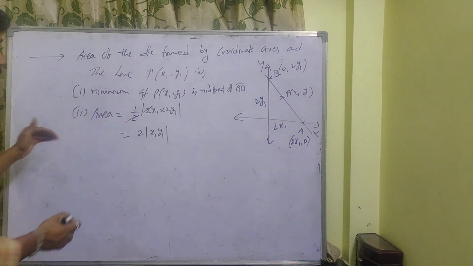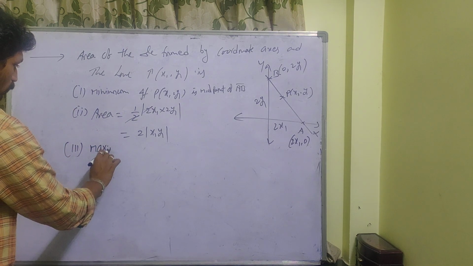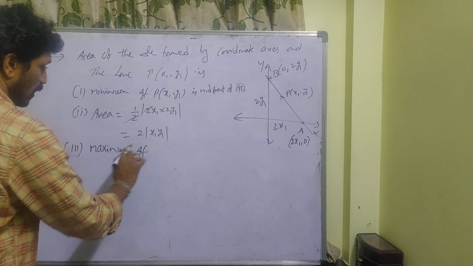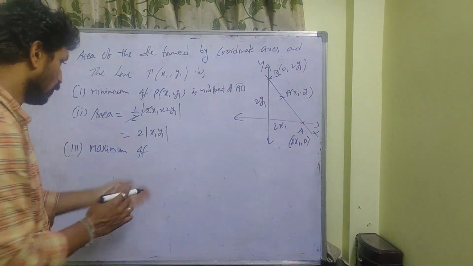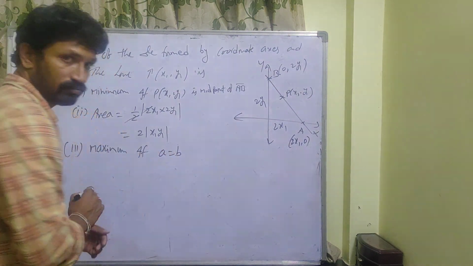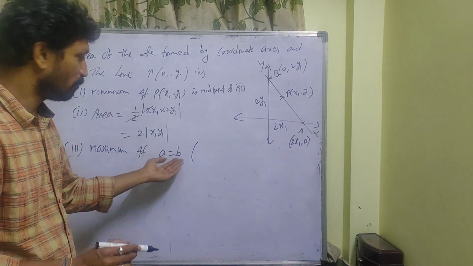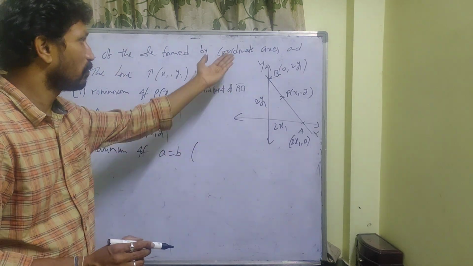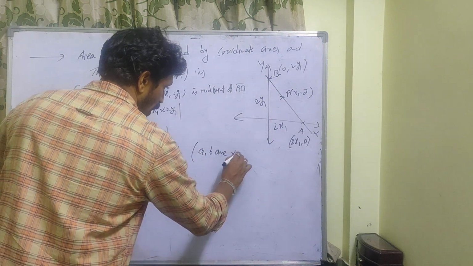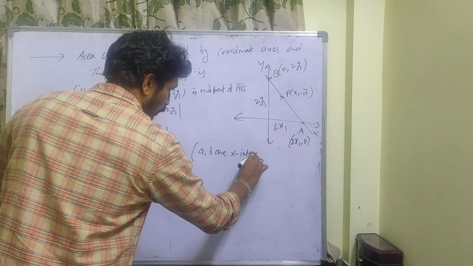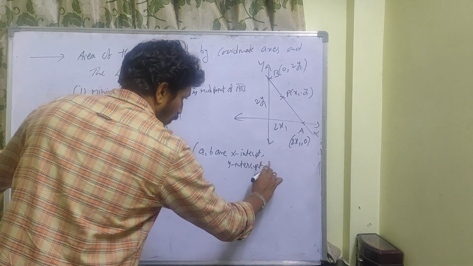When will it be maximum? It is maximum if the x-intercept and y-intercept are both equal, that means A is equal to B. Here A is the x-intercept and B is the y-intercept of the given line, so A, B are the x-intercept and y-intercept of the given line.